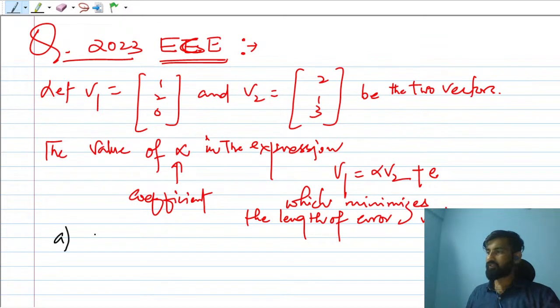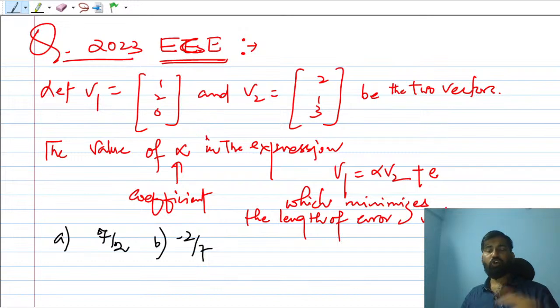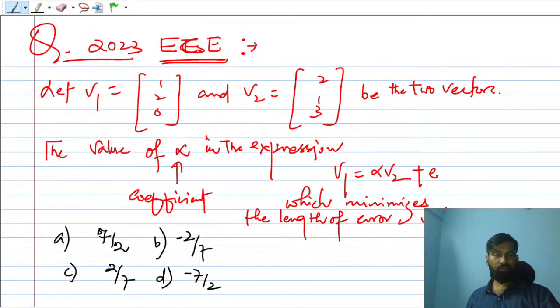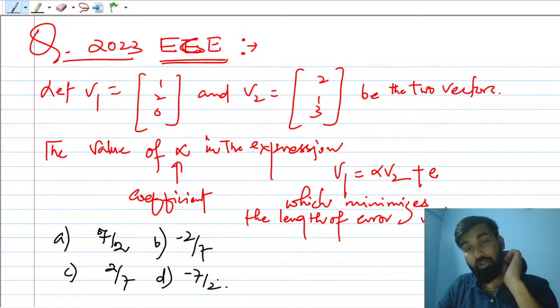Option A was alpha value is 7 by 2, option B is minus 2 by 7, option C is 2 by 7 and D is minus 7 by 2. Nobody was able to solve this question. I'm not talking about toppers, I'm talking about the average student. They don't understand these things. They think that this topic is not taught.